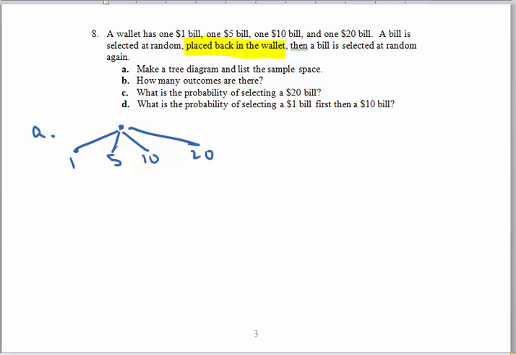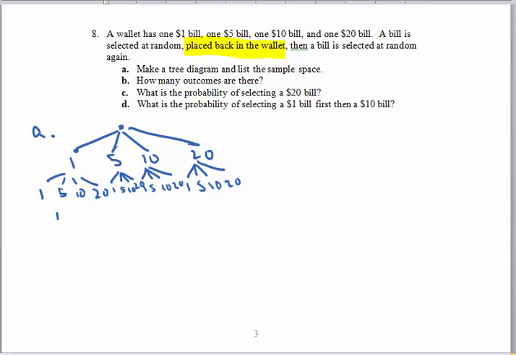And again, now here's the difference between this and the last problem. I can then get the 1 again, 5, 10, or 20. And this pattern is going to repeat itself three more times, right? 1, 5, 10, 20, 1, 5, 10, 20, 1, 5, 10, 20. So what's my sample space?